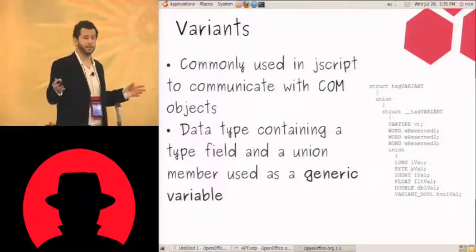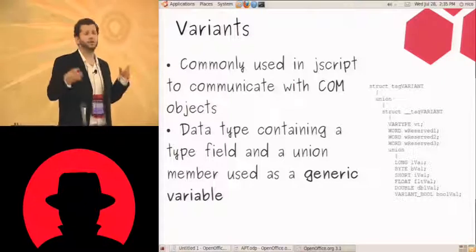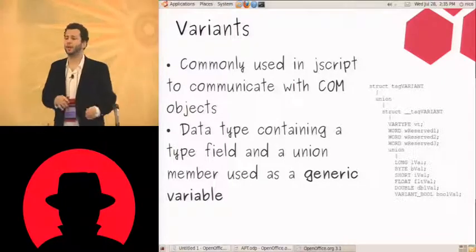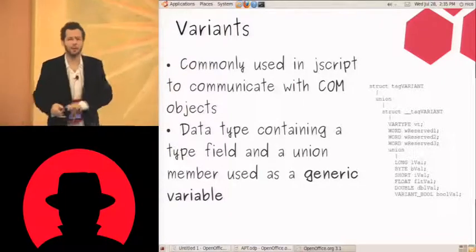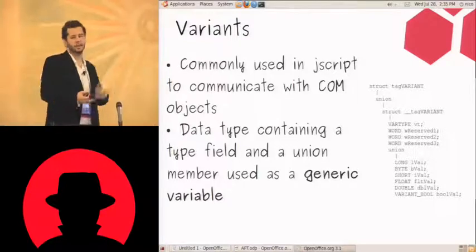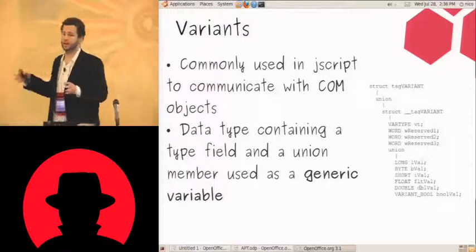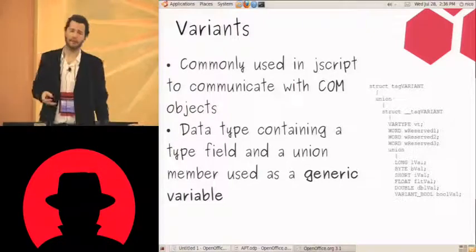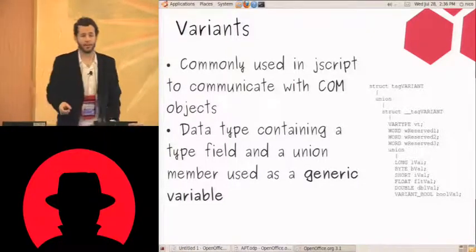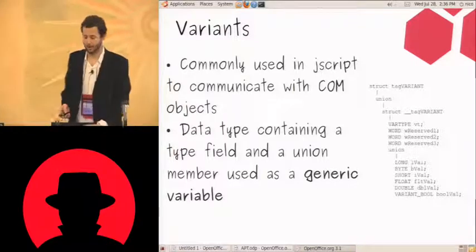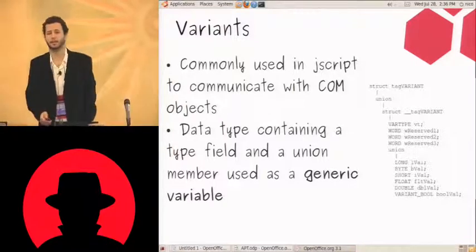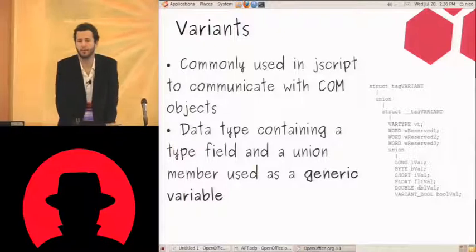That's what variant means. And they have to check if it is an integer, then do the following. If it is a string, then you have to handle it that way. If it is an IDispatch object, you have to handle it the following way. And that usually introduces a lot of bugs, which is actually, I think, the problem that the people have in the bug that I'm going to explain later: they didn't expect all the different types of objects.